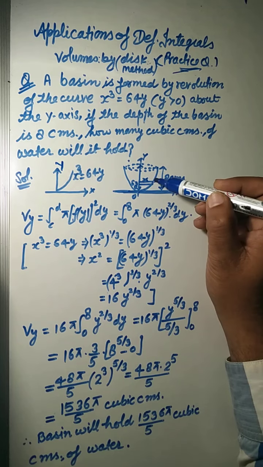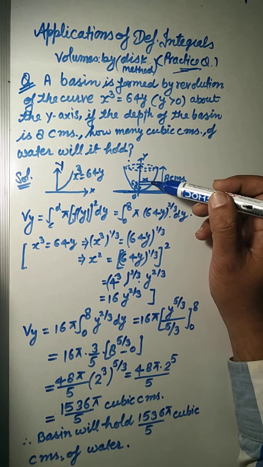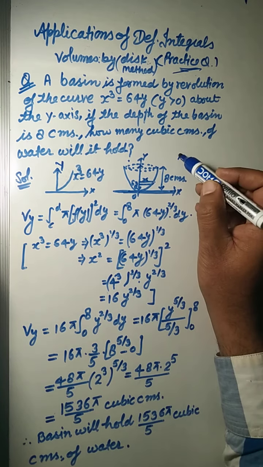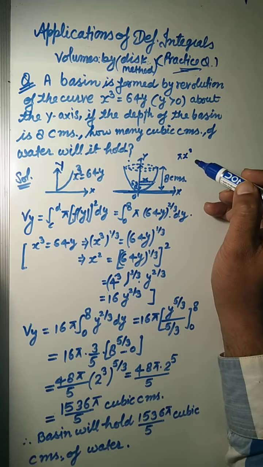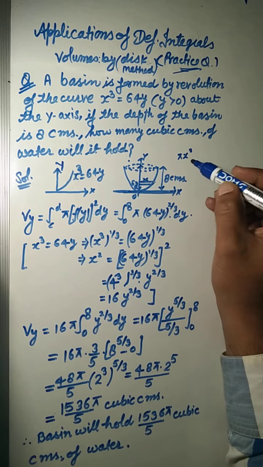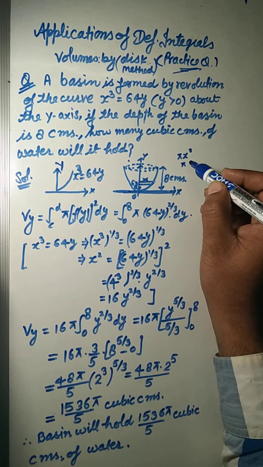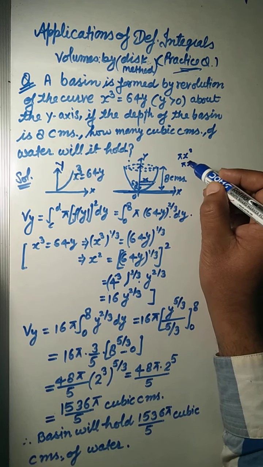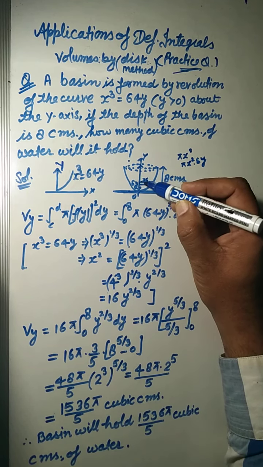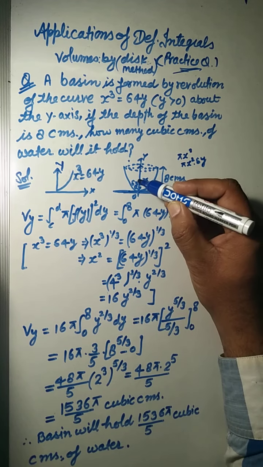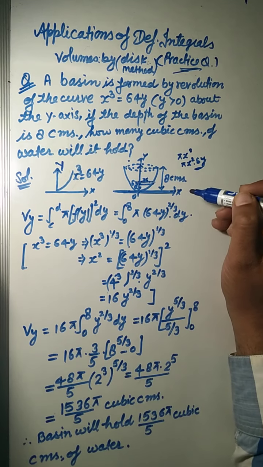Now we have a cross section, and area of cross section is pi, this is x, so pi x squared, and the volume of cross section is pi x squared into delta y, where delta y is the height of this cross section. So this is the volume.